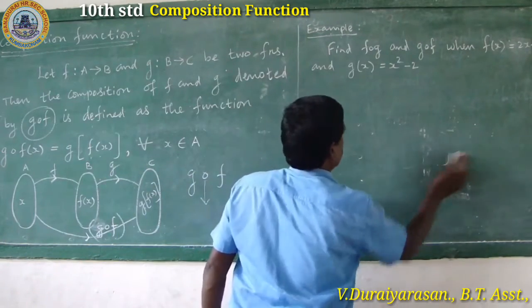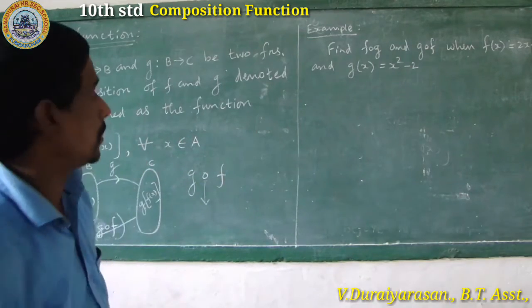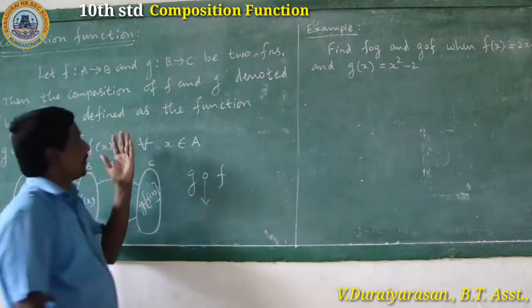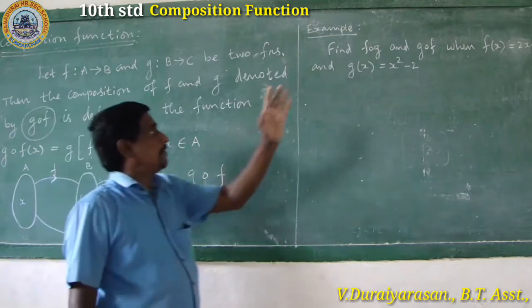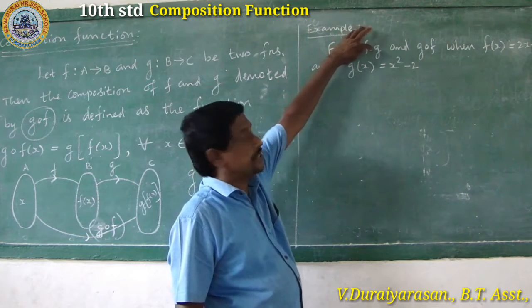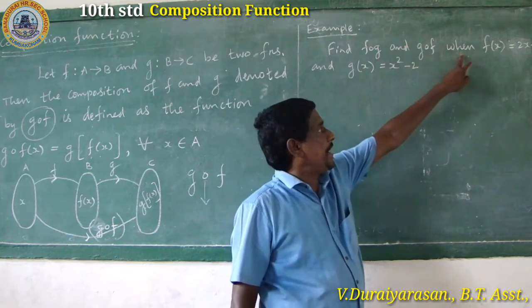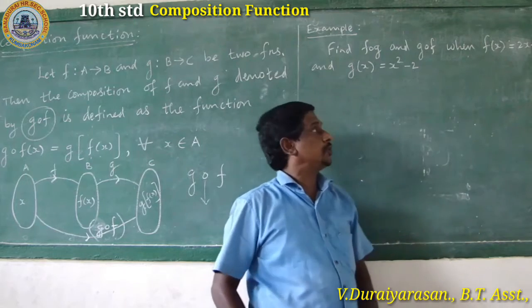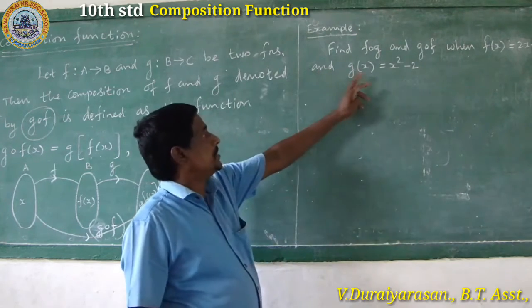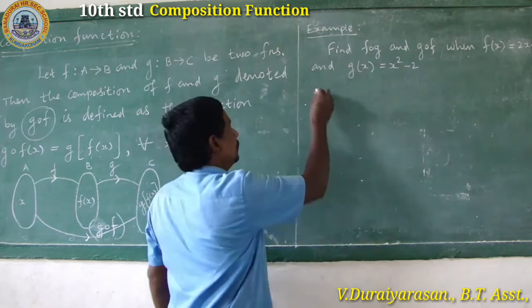Solve. The first example: find f composite g and g composite f when f of x is equal to 2x plus 1 and g of x is equal to x square minus 2.